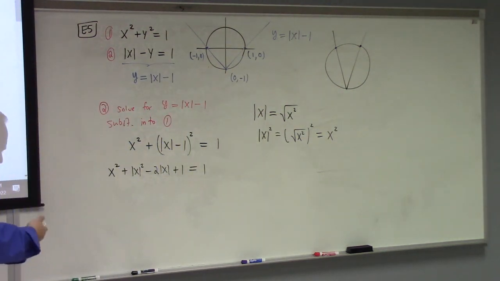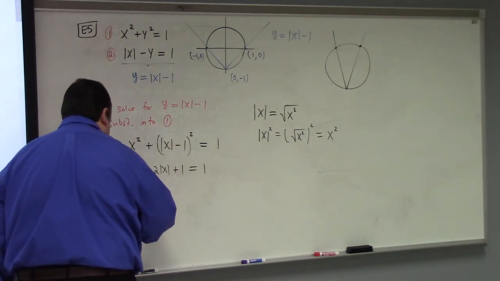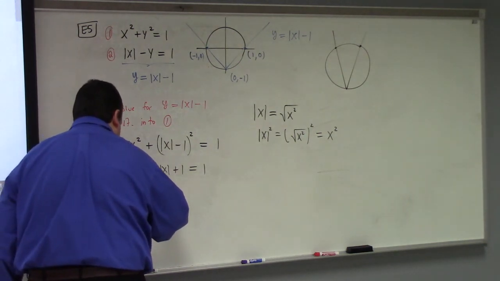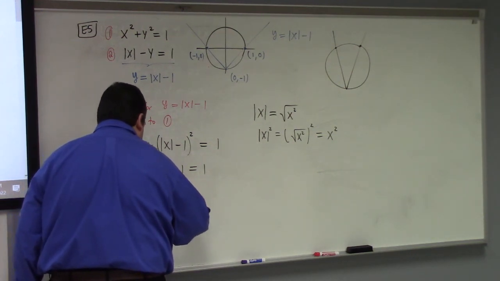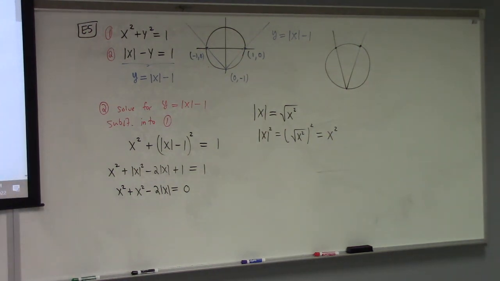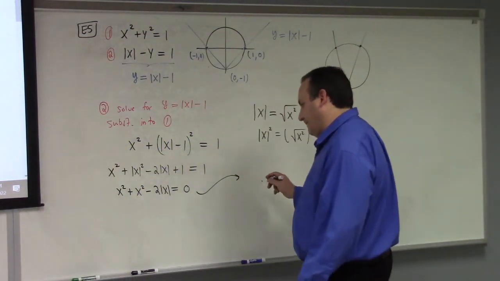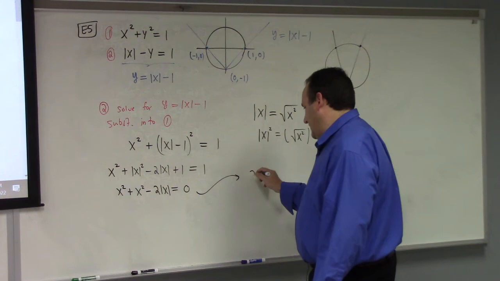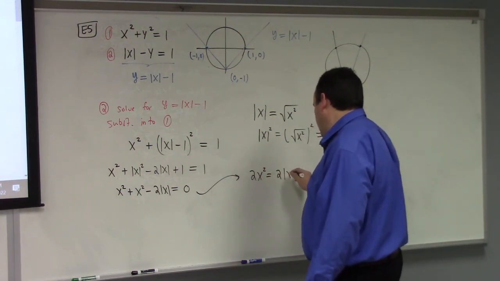But what is that? Well, that's x squared plus x squared minus 2 absolute value of x equals 0. Which is what? So I got 2x squared equals 2 times the absolute value of x.